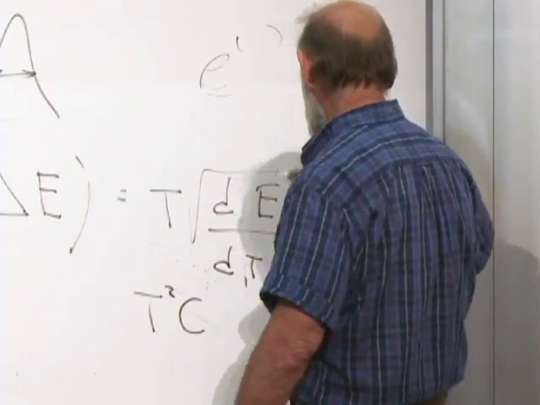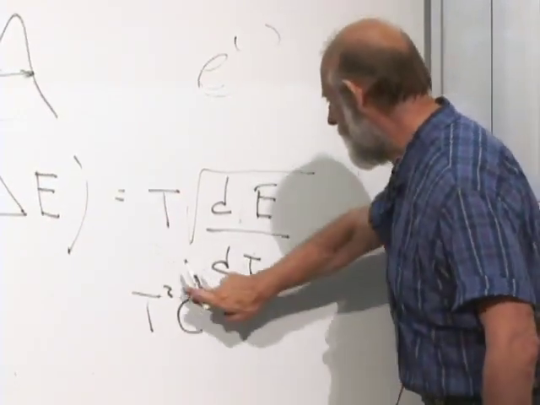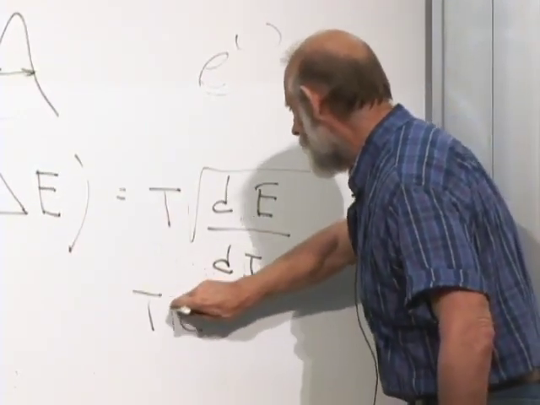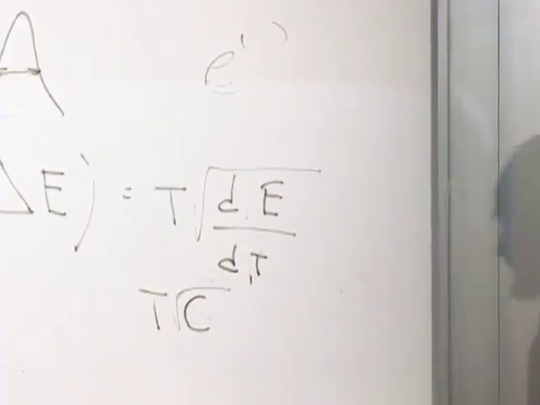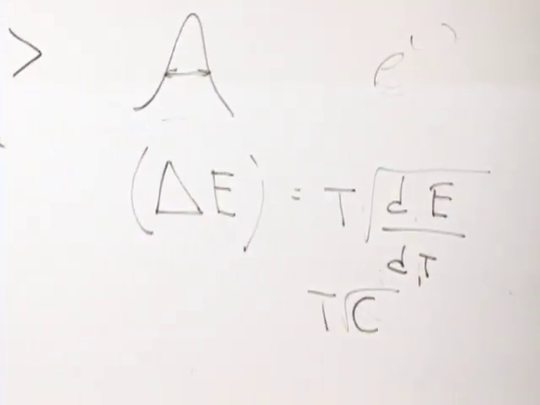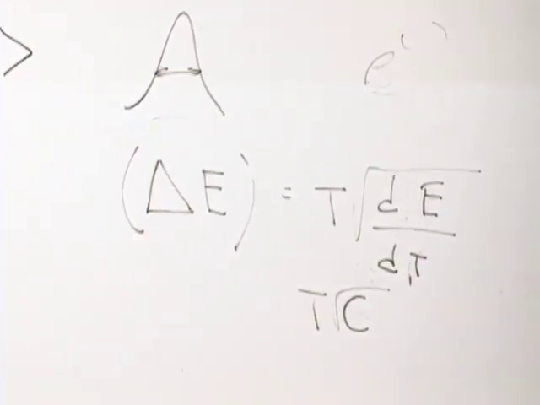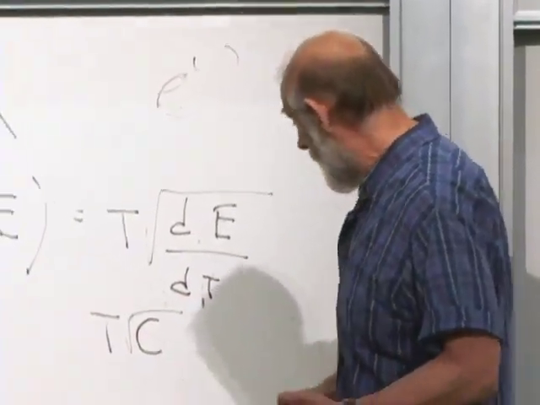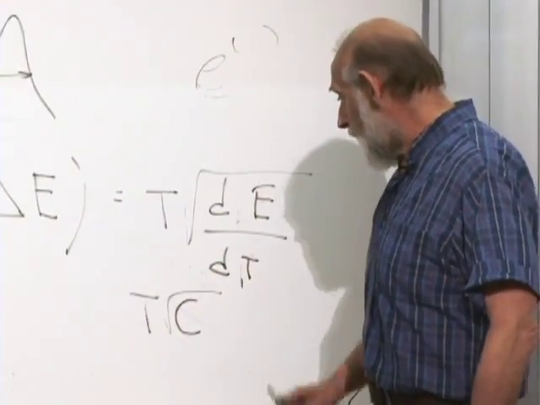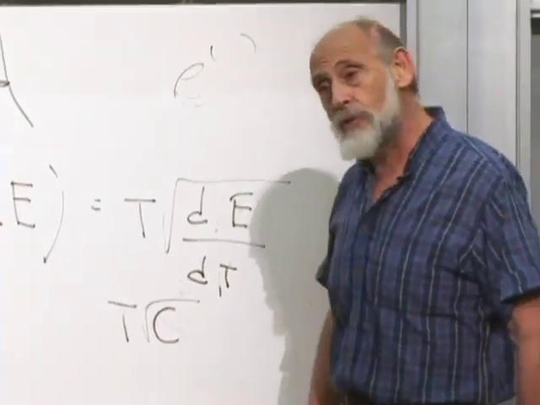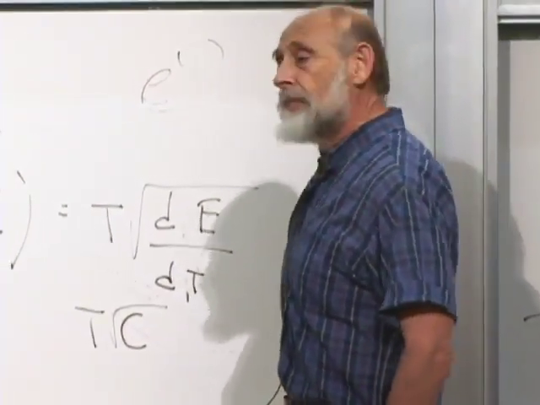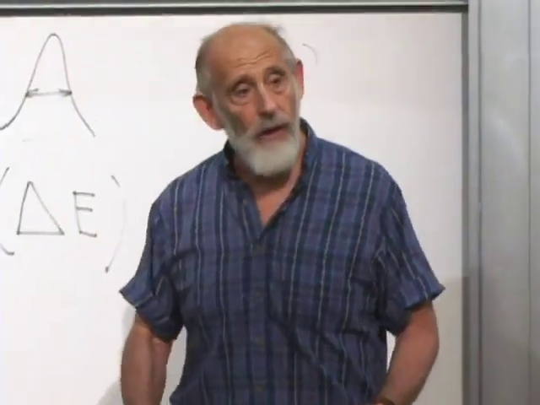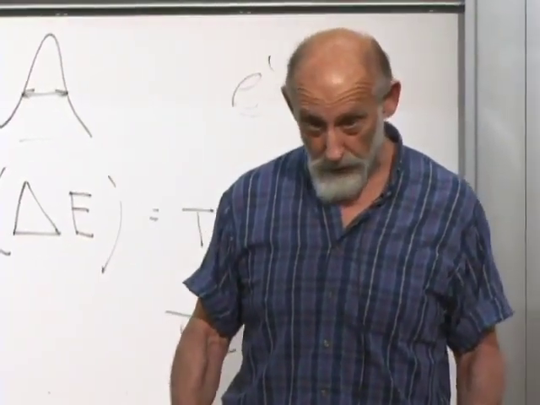The uncertainty in the energy is T times the square root of the heat capacity. Heat capacities grow linearly with the number of particles in the system. So this side here grows like the square root of the number of particles, but the energy itself grows linearly with the number of particles.